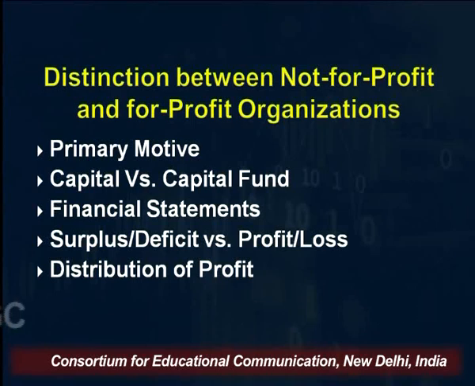I shall be discussing the difference between the two now. You may note down these points. I will take up all these points one by one. The first is primary objective. The primary objective for a not-for-profit organization, as I have just discussed, is to serve the society, whereas the primary objective of for-profit organizations is to earn profit. So that is the first difference.